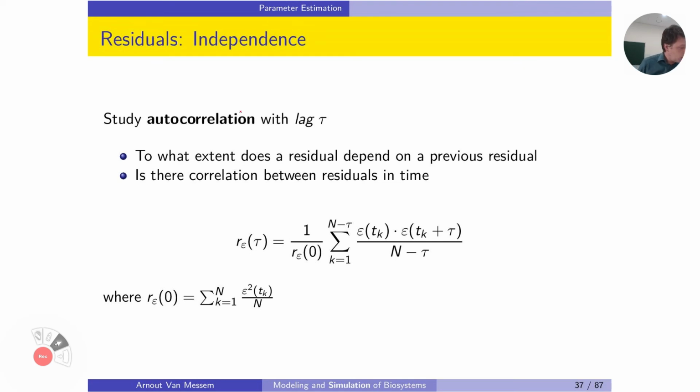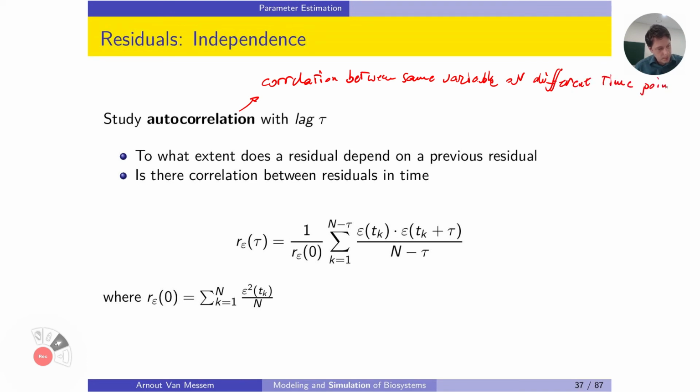Autocorrelation basically checks the correlation between the same variable, but at different time points. So instead of having two different variables, we now have one variable, in our case the residuals, and we see if we have a certain amount of time between those two, are they correlated, yes or no?